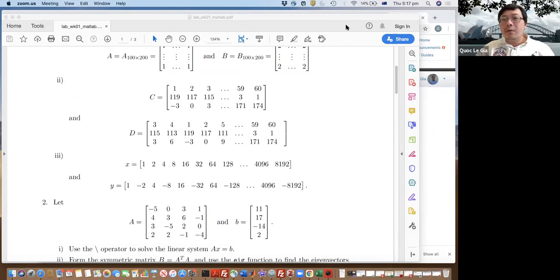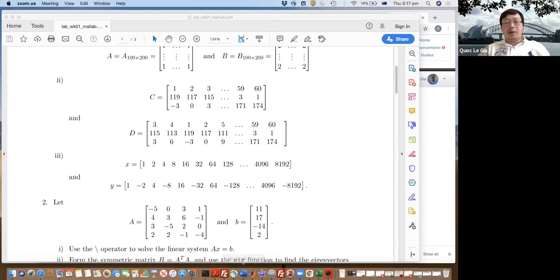Okay, somebody put it in here. Almost correct. I think you don't need the square brackets at the beginning and the end.